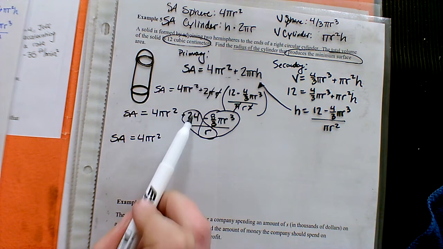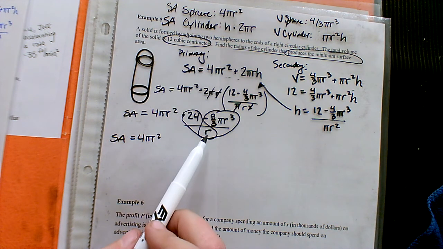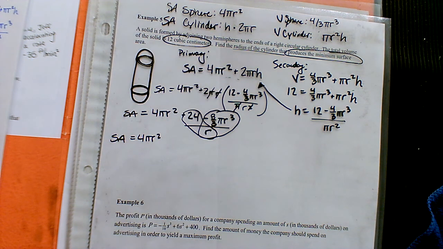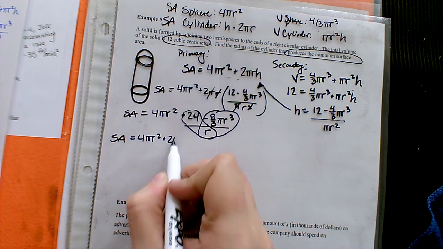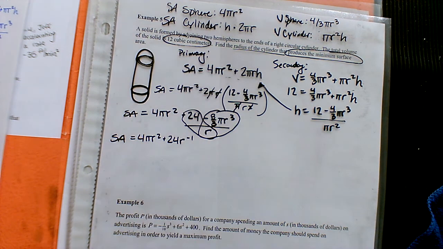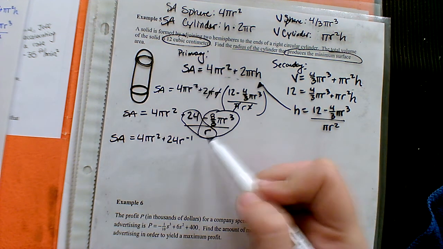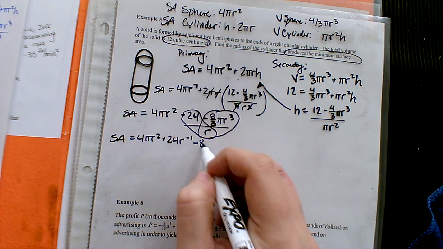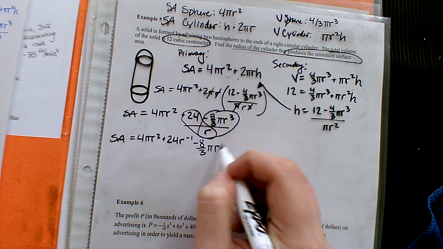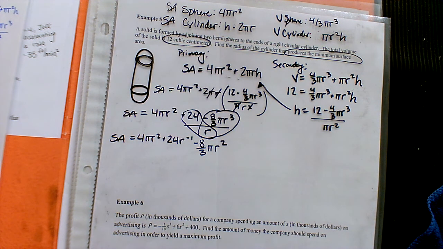Okay, so if we did 24 divided by r, you could write that as a fraction, or you can bring the r up and make it a negative power. So it'd be r to the negative first. And then for the next division, notice how a set of r's would cancel. So we'll have 8/3 pi r squared.